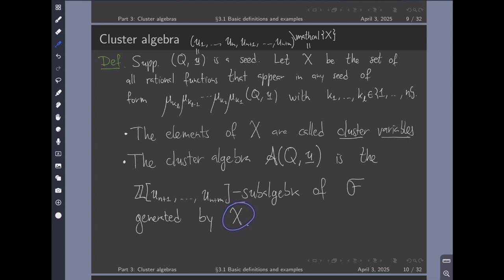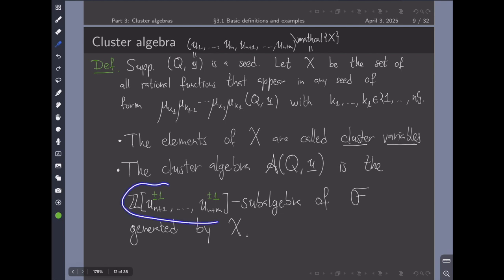So I'm really being silly when I write this, but I wrote it this way because some people don't take that subring. Some people put the Laurent polynomial ring here. This is a matter of taste.